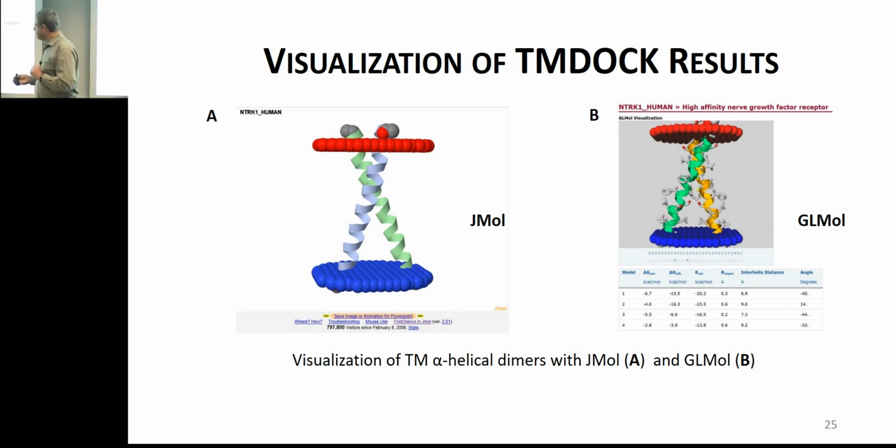When we do this visualization, there could be several different models of the helix-helix packing, with helix boundaries, and the user can click on different structures, and the different structures will be shown in the output. The residues involved in the interfaces will also be shown in the output, along with their energies.